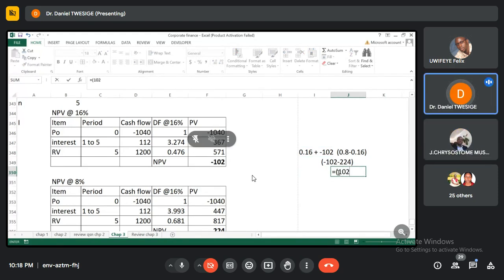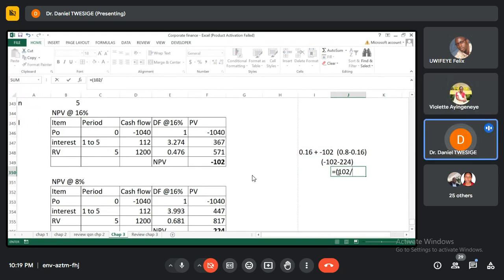This is 102 divided by 326, times 0.08, but minus 0.08.